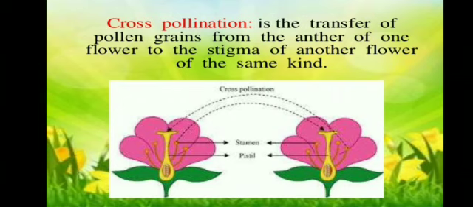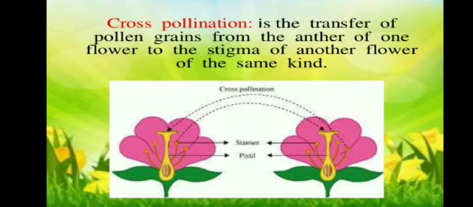Next is cross-pollination. Cross-pollination is the transfer of pollen grains from the anther of one flower to the stigma of another flower of the same kind. Here, the same plant concept need not apply.